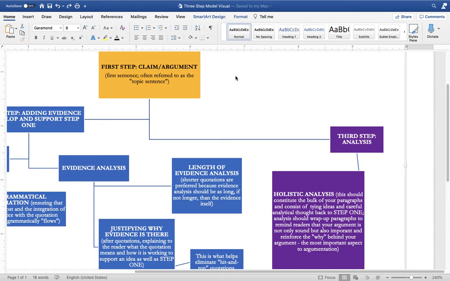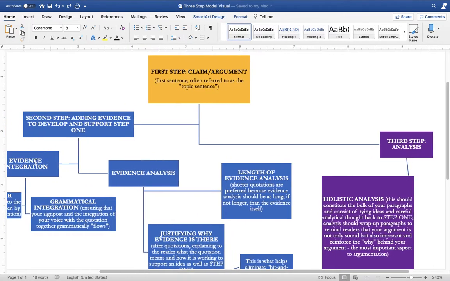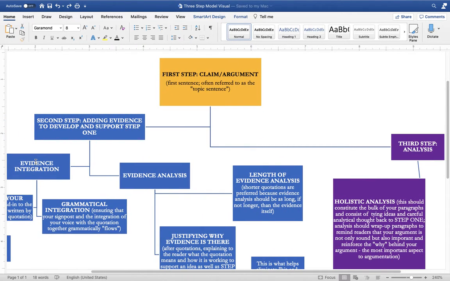you've offered your argument at the beginning, you've gone through the development of the claim and the argument by providing evidence, making sure it's integrated well, making sure you're justifying why it's there, doing sufficient analysis to help the reader understand and connect the dots, why it is in fact there and why it is in fact helping to support your argument on however many levels.